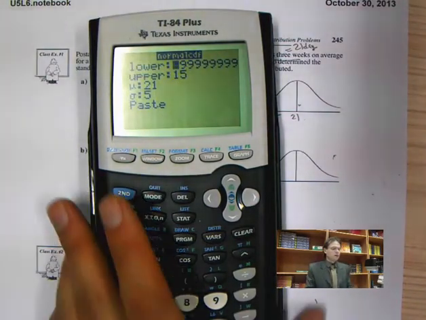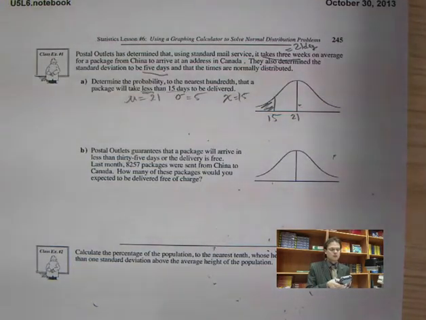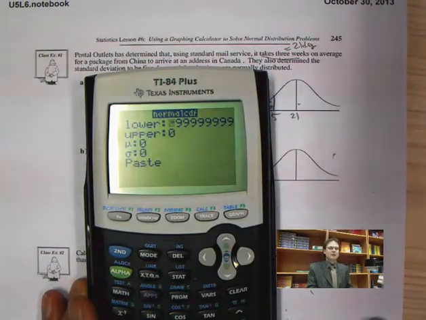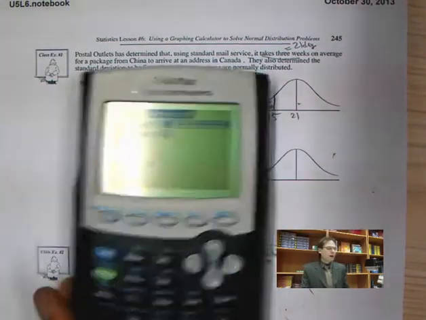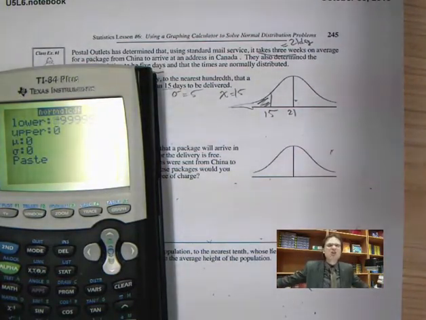And I'm going to put in all of our values. I'm just going to delete. First of all, my lower bound: in this case I have negative 99999, because it goes on forever. Why? Because we have no limit this way, so I put an absurdly huge negative number to show it goes on forever that way.